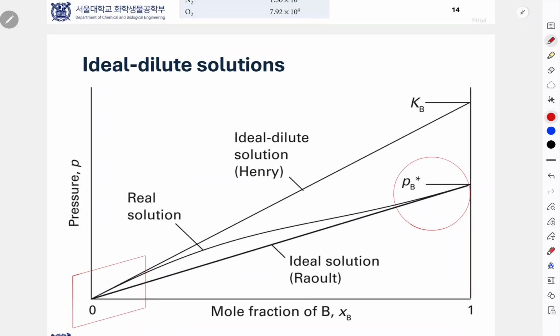But at the extreme condition, PB becomes like the ideal solution because it is pure substance B. So at a mole fraction of B of pure solvent, it follows the ideal solution, like Raoult's law.